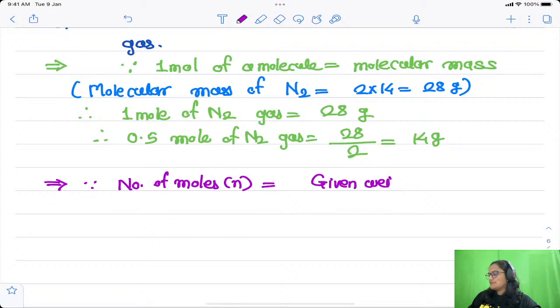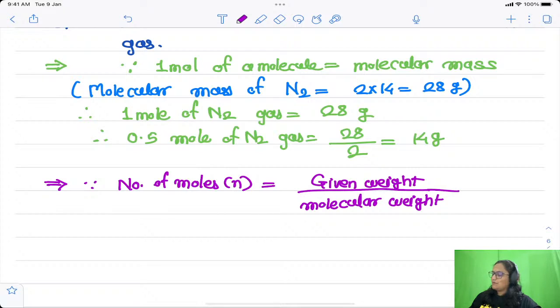This formula we have discussed already. Given weight is GW, molecular weight is MW. The same thing I can modify.